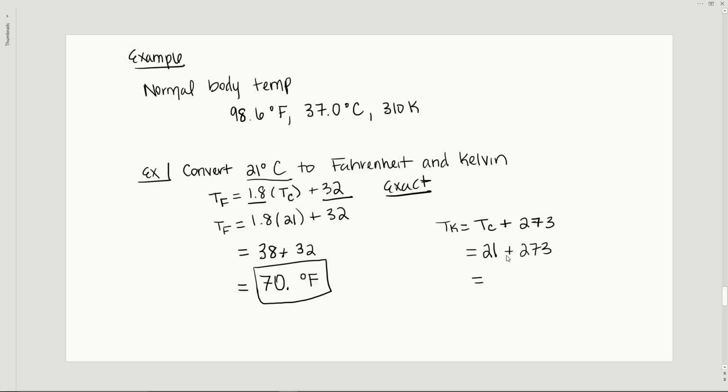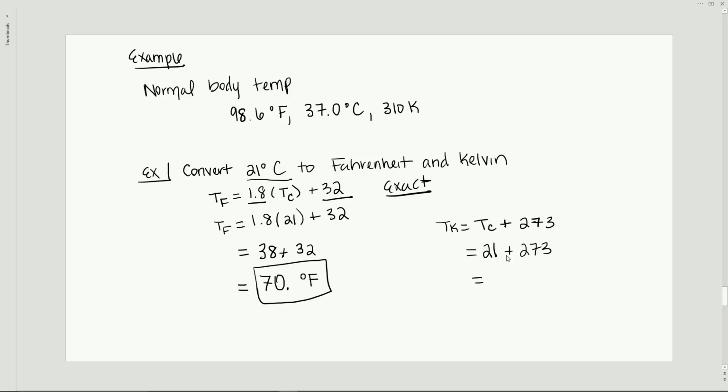They measured the coldest temperature that they could possibly reach. So this 273 is measured, so we need to include it in sig figs. But in this case, we have no decimal places on 21 and no decimal places on 273, so our answer should have no decimal places.